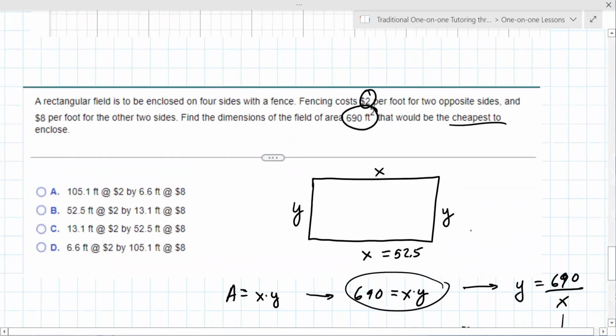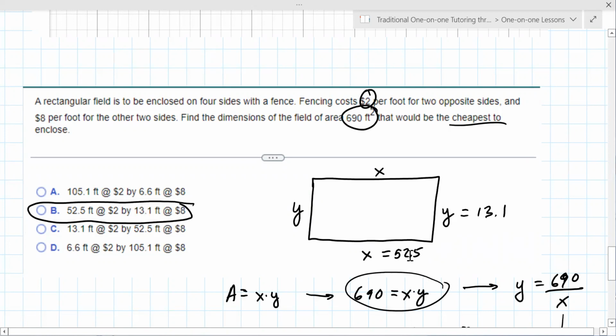To find Y, you go back and use this other equation. So the 690 divided by the 52.5 gives you the 13.1. And that gives you the 2 dimensions that you're looking for here. And like I said, if you had flipped it, you would have just gotten the flip of this answer.